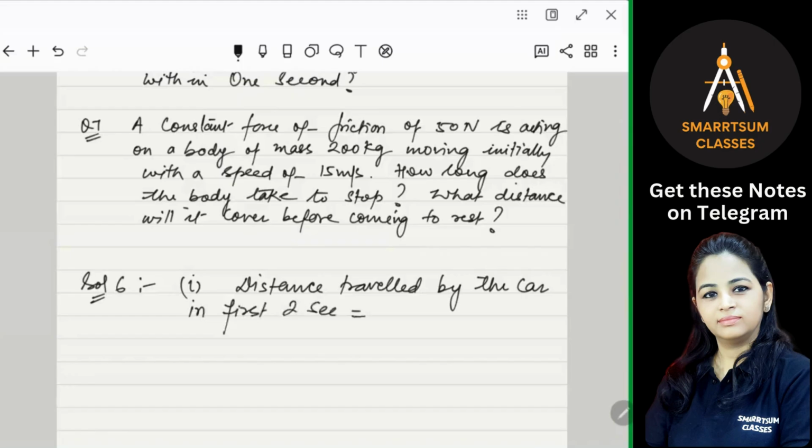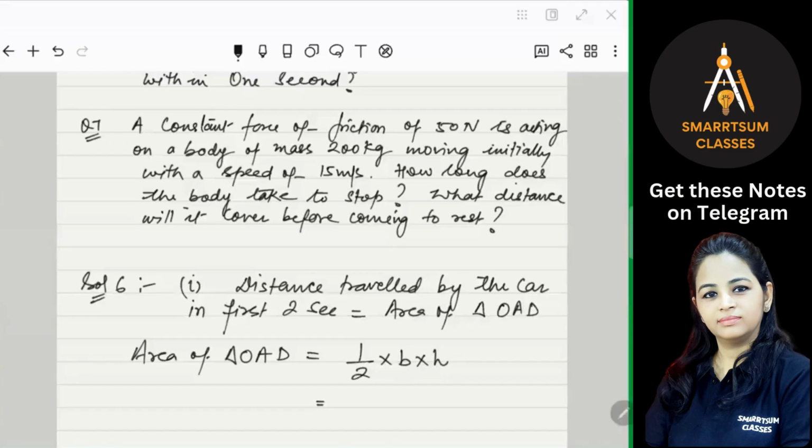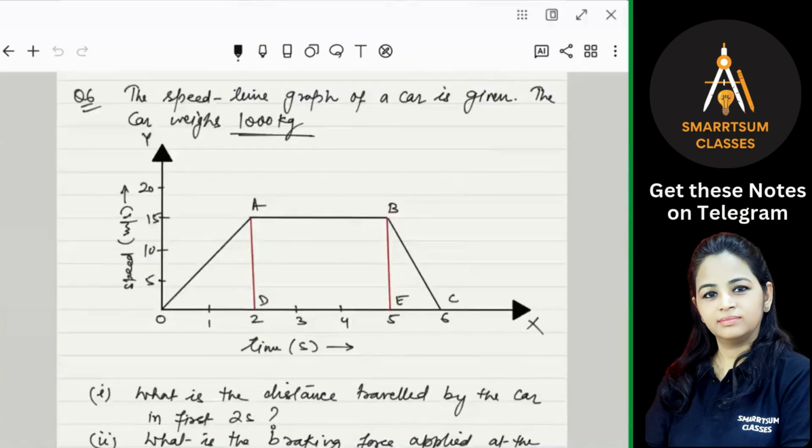This is equal to area of triangle OAD. So what is the area of the triangle? What is the formula of finding the area of the triangle? Half into base into height, right? So half into B into H.